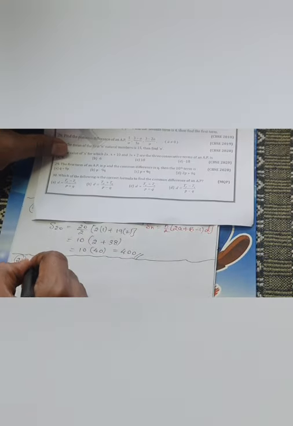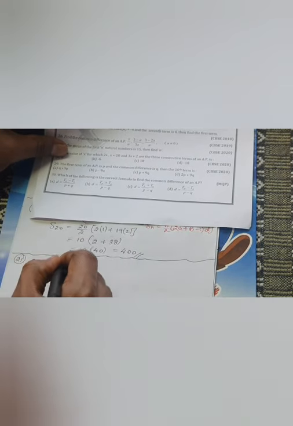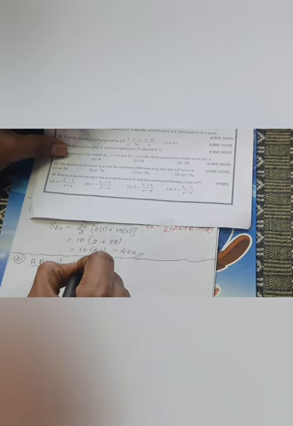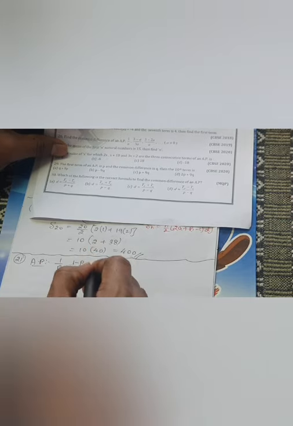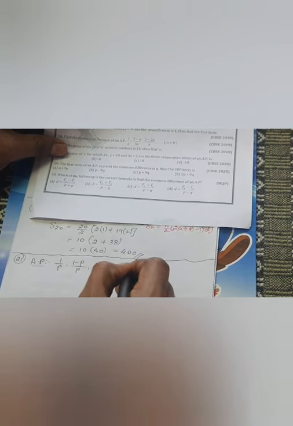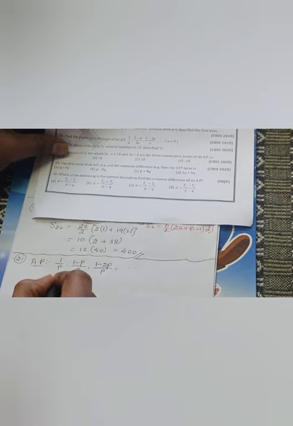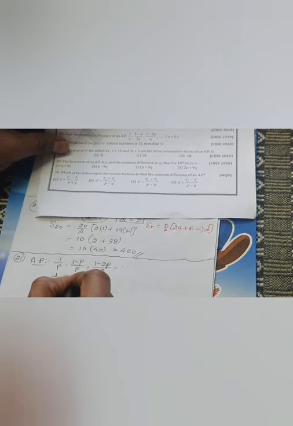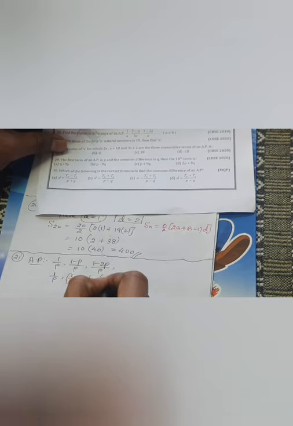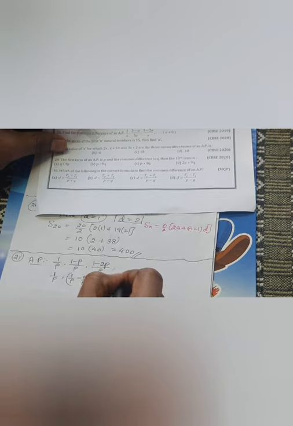Let me take down the AP which is given: 1 by p, then (1 minus p) by p, and then (1 minus 2p) divided by p, and so on. I'm going to split the denominator. So it is 1 by p, then 1 by p minus p by p, and similarly 1 by p minus 2p by p.